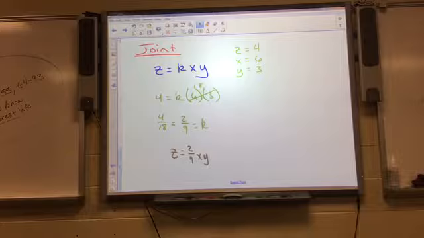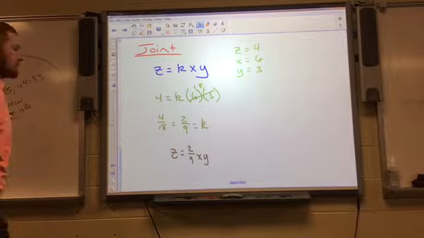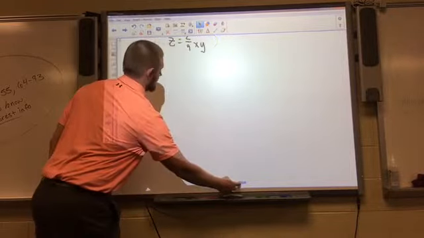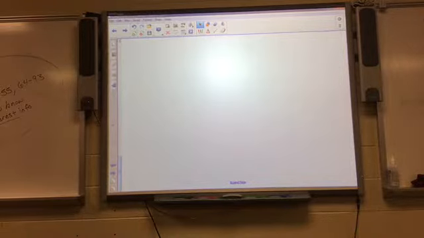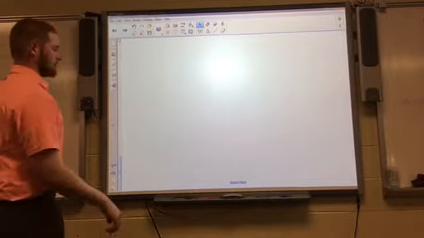Questions on that? Okay, let's do a few examples here that have some confusing terminology. They want us to write an equation for the following statements. The first one says y varies directly with x and inversely with z squared. Okay, that's a little different because we got two things going on there. So let's do the first part.